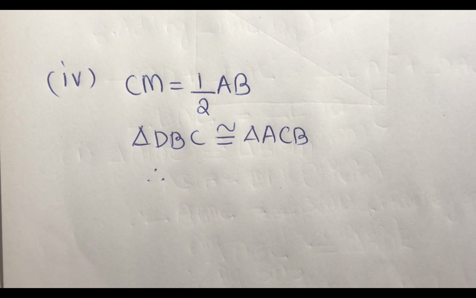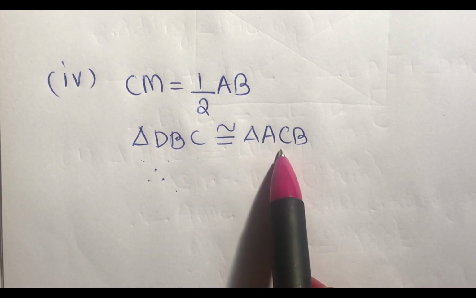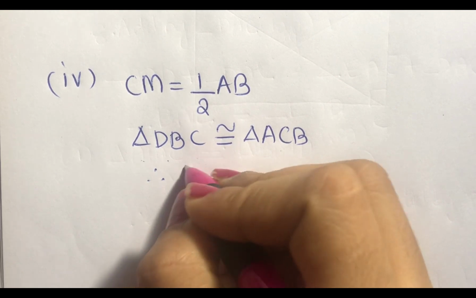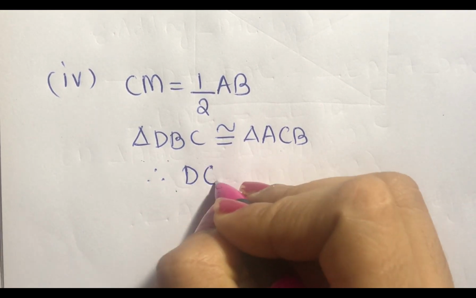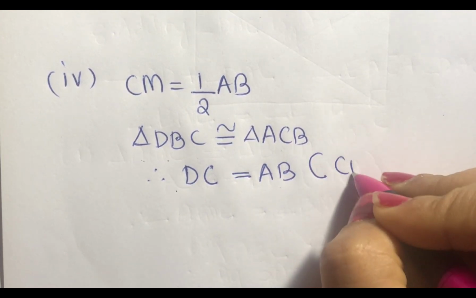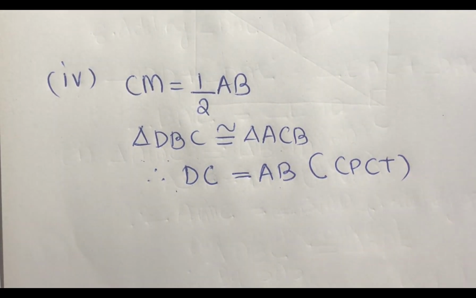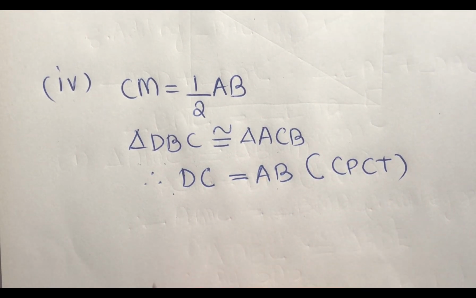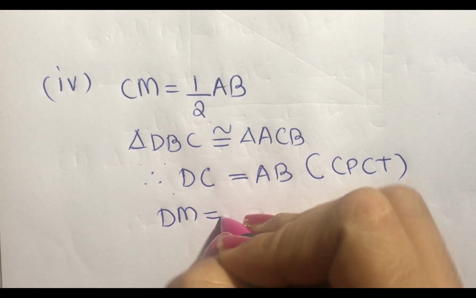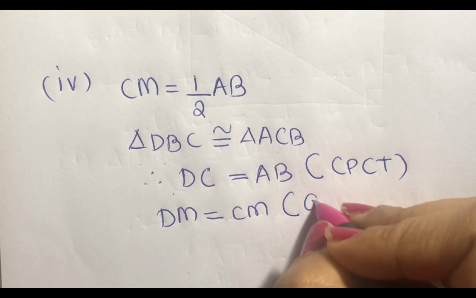So next we have to prove CM is equal to half AB. We have proved triangle DBC is congruent to triangle ACB. So therefore DC will be equal to AB. Why? CPCT, congruent parts of congruent triangles. We also know DM is equal to CM, which is given.